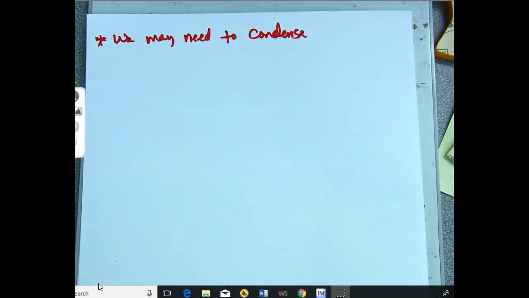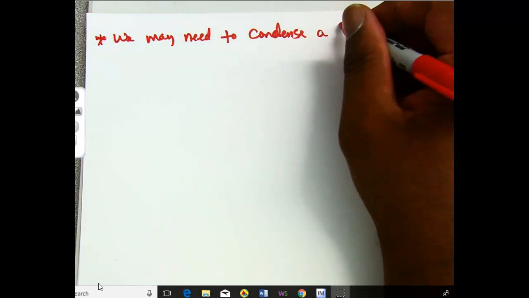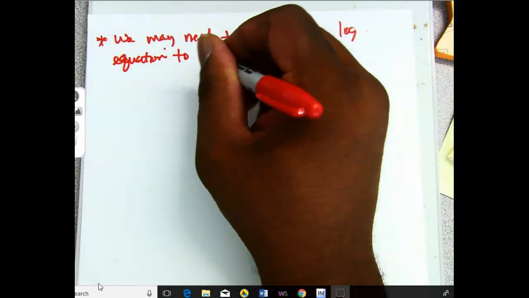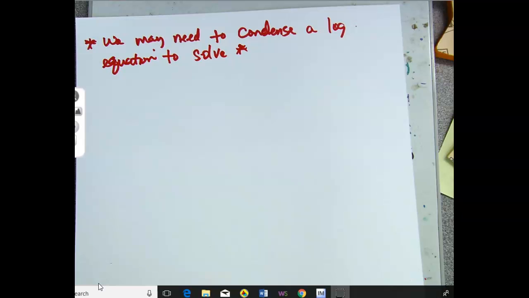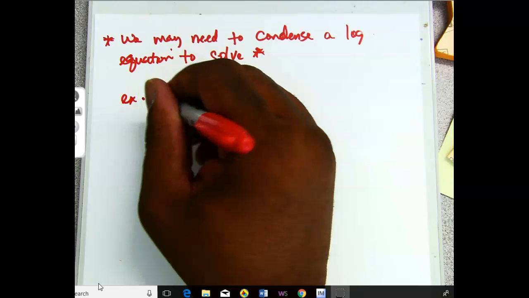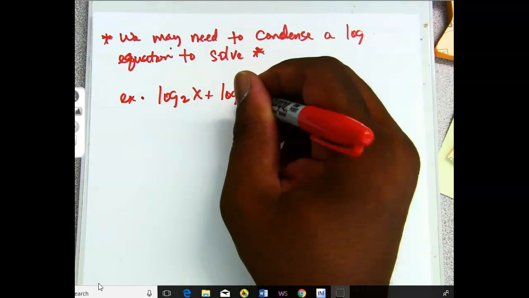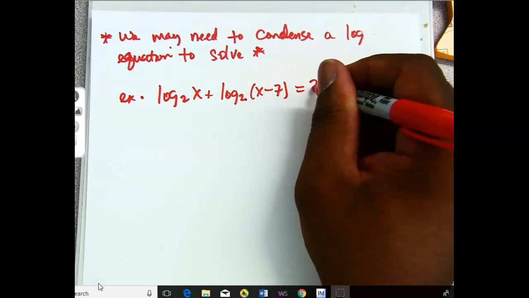We may need to condense a log equation to solve. So we may have to condense. So example, we have log base 2 of x plus log base 2 of x minus 7, and that's equal to 3.